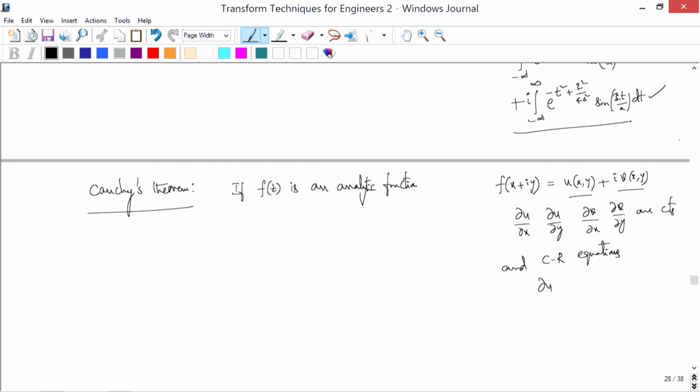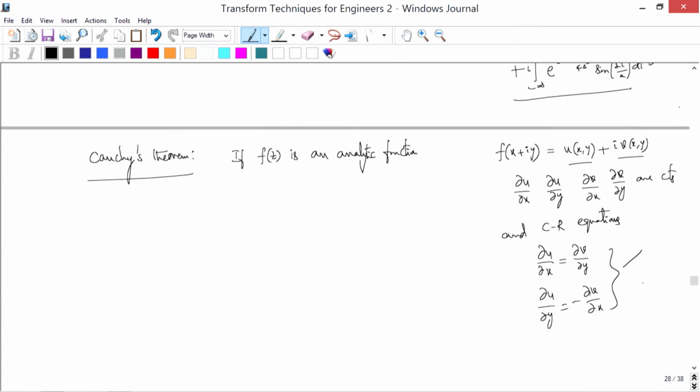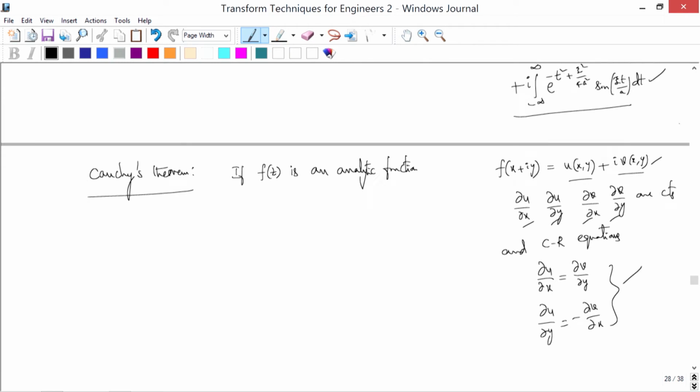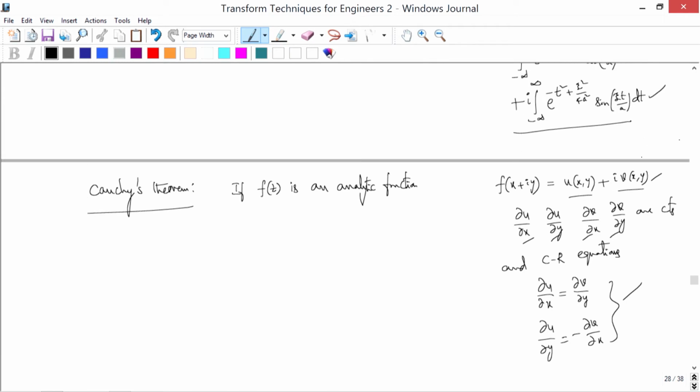Those are dou u by dou x equal to dou v by dou y and dou u by dou y equal to minus dou v by dou x. If they satisfy equations like this and all these partial derivatives are continuous, then you say that this is an analytic function.